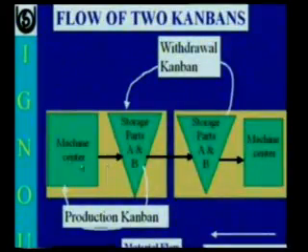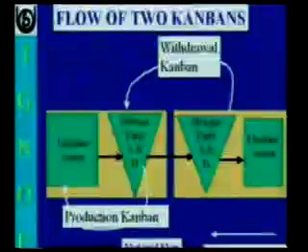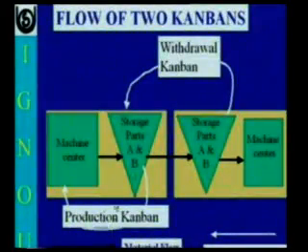Now this is exactly how the withdrawal system and the production Kanban system work. This is the production line. The black line depicts the material flow while the white line is the signal flow. From this machine center, the part is going to this machine center.